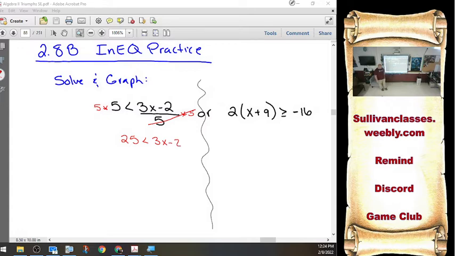Remember, we've seen this enough times. You do not distribute 5 into the numerator. Okay? That'd be 2 5s, not a 5. Add 2 to both sides. Getting 3x greater than 27, or 27 less than 3x, divide by 3.